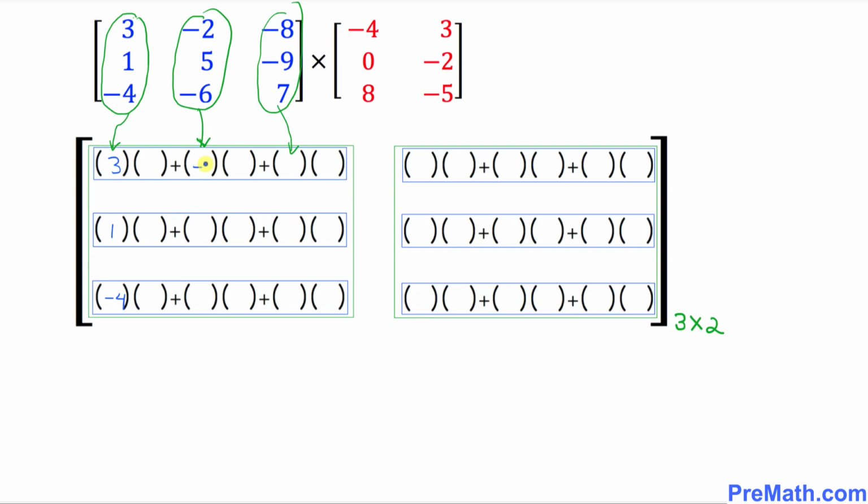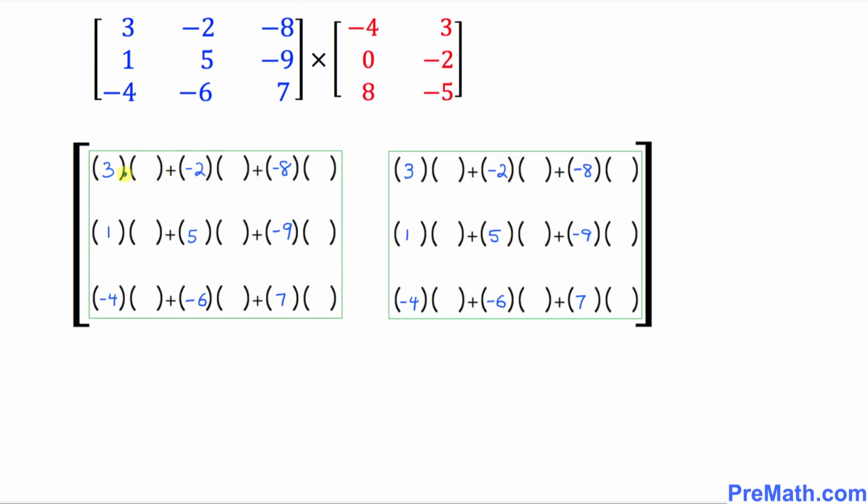Likewise over here, -2, 5, -6, and over here -8, -9, and 7. That's the way we're going to fill out these blue numbers. And the same thing we're going to repeat for this next box, for this column. And here I have nicely filled out these blue numbers in all these boxes.